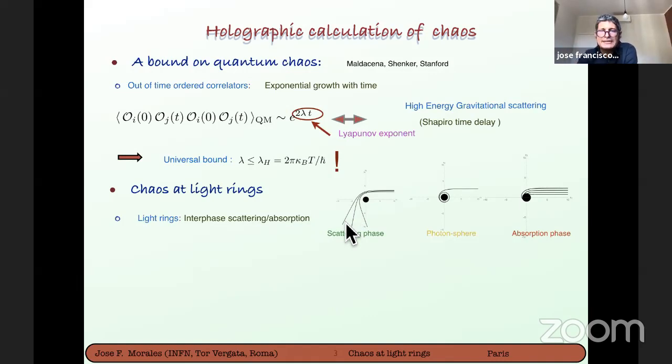If you are far away, this angular deflection and the time delay are very small. But if you start to get close to the black hole and decrease the impact parameter, you arrive at a point in which light gets trapped in the gravitational attraction potential of the black hole. Below this critical value, anything that falls into the black hole is lost.